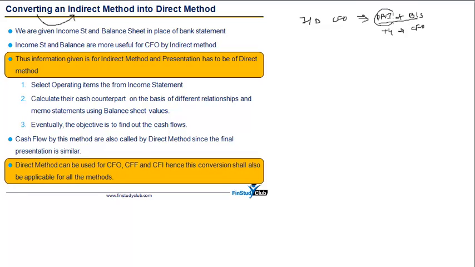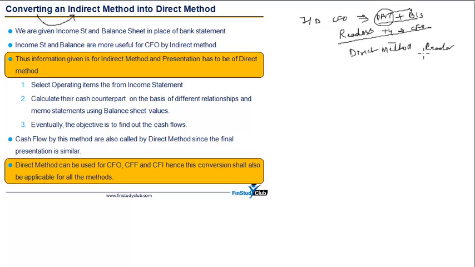The only challenge with the indirect method is that it is not a very good method from the reader's point of view. However, on the other hand, the direct method is a very good method from a reader's point of view.